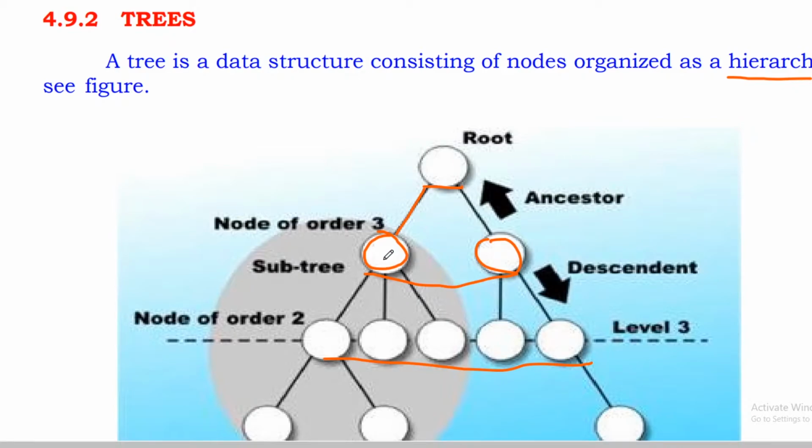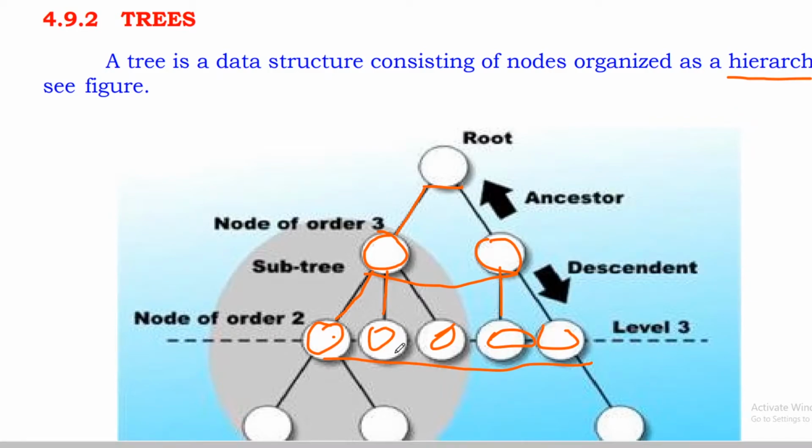Every child node can have a maximum of one parent. Many children can have this; these are all subtrees. What is the parent for this node? It has a maximum of one parent. This also has one parent. So each child can have at most one parent.